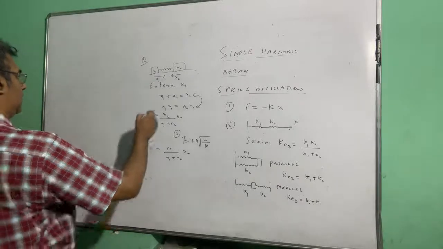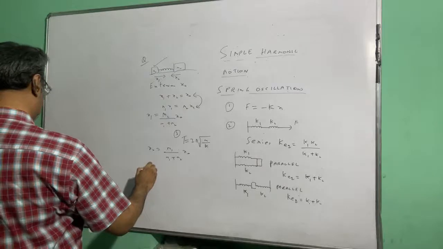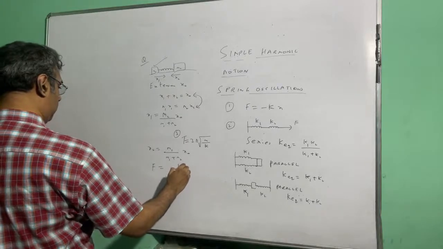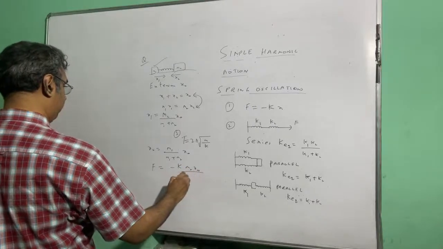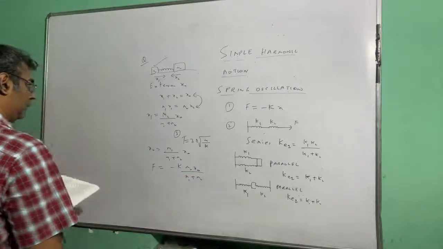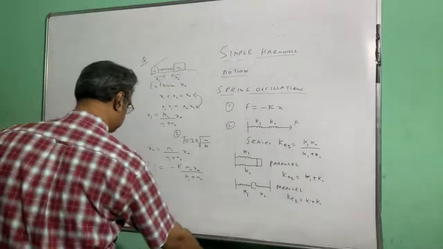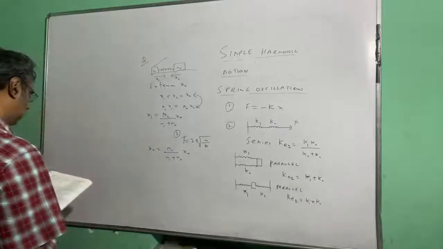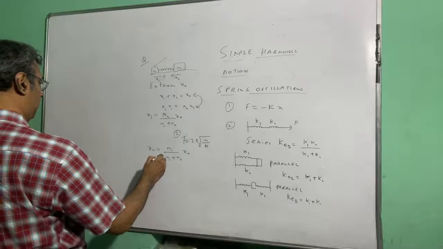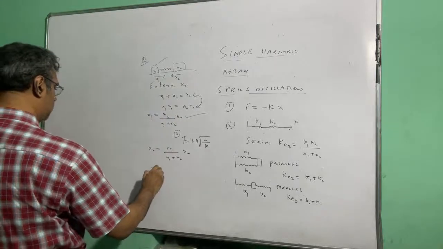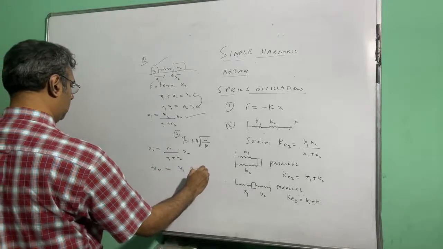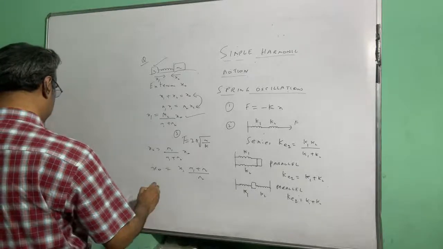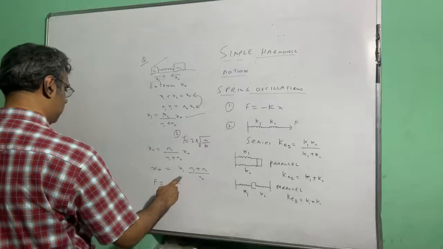If you consider any one of the two masses, suppose m1, the restoring force will be equal to minus k into x0. Using the earlier equation, x0 is x1 into m1 plus m2 by m2.